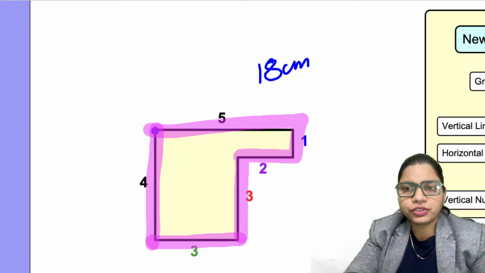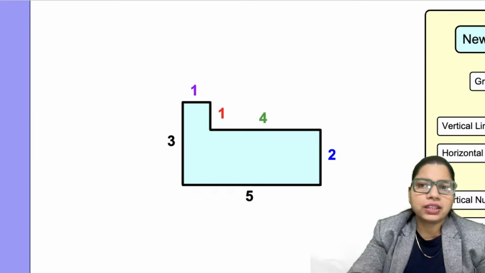And this time you have all the sides given. We are focusing on how to find out the perimeter. So I'm not tricking you to find out the missing side and then the perimeter. Let's focus on one thing at a time. What the perimeter will be?